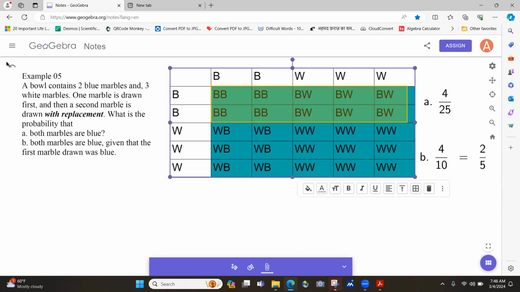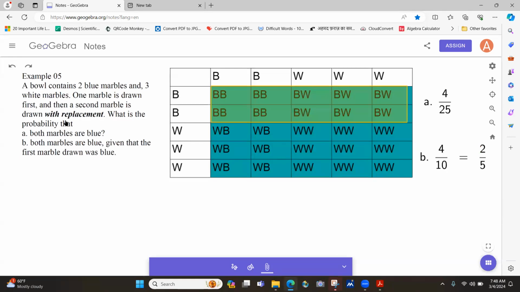Done. Again, I can give you the same question without replacement. You don't put the first marble back, then you won't have this diagonal. Everything else will be exactly the same. It's really not that bad.